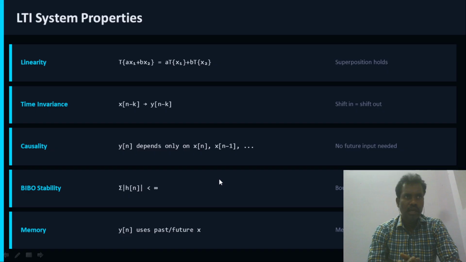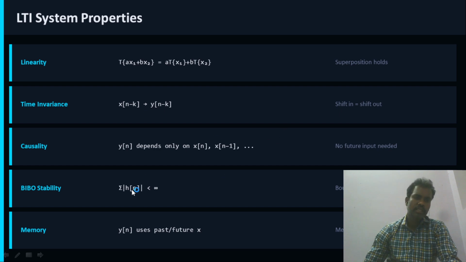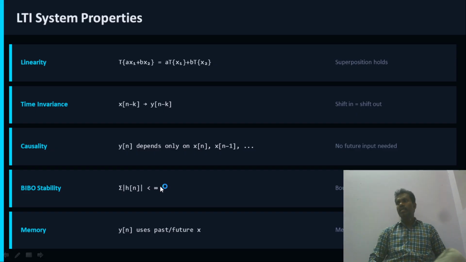That means the behavior of the signal is predictable. It should not suddenly rise to infinity at any instant of time, irrespective of the signal. Otherwise, it is an unstable system. Next, this can also be checked with the condition called sigma of h of n is less than infinity. H of n means impulse response.